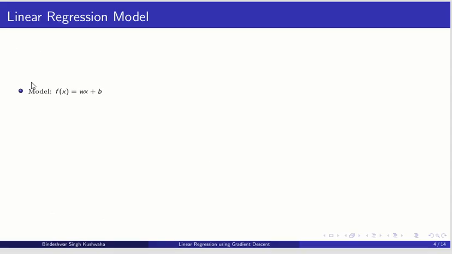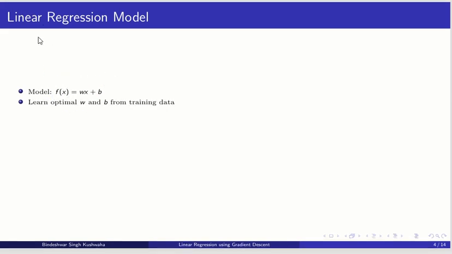Now the model we have is f(x) = wx + b. Learn optimal w and b from training data. We can learn many values, but optimal values.